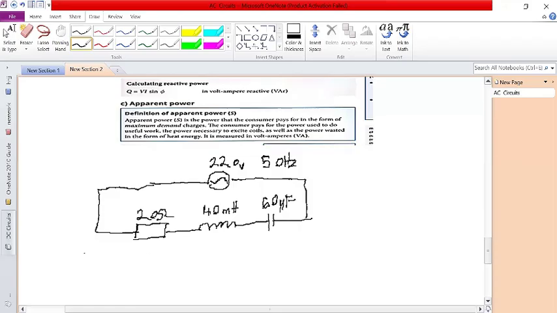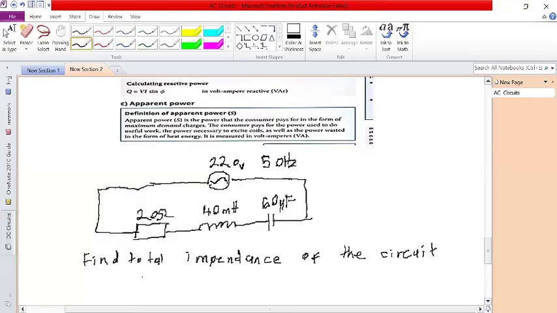Then the question wants us to calculate the impedance. So the question is saying find the total impedance of the circuit. To find the total impedance of the circuit, first of all, we need to find the inductive reactance.